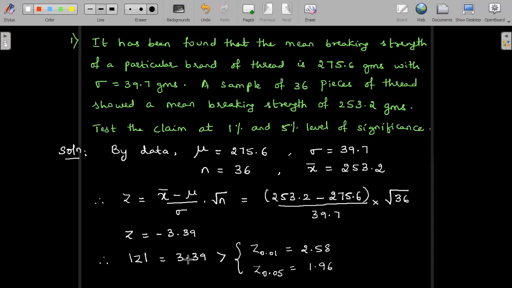So 3.39 is a value which is greater than both the levels of significance. So the test is rejected at both the levels of significance will be the conclusion. Thus, the test is rejected at both levels of significance.